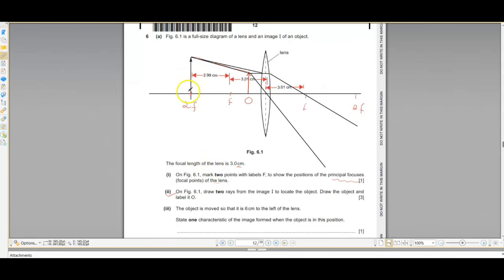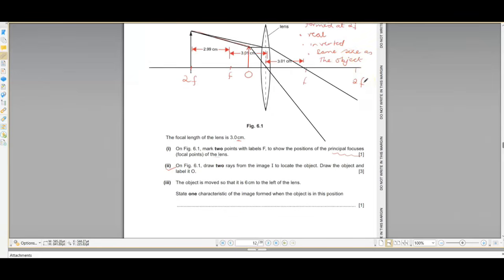So now what is going to happen? We know that whenever object is at 2f, the image is also formed at 2f, and the characteristics of these images are that it is real, it is inverted, and it is of same size as the object.